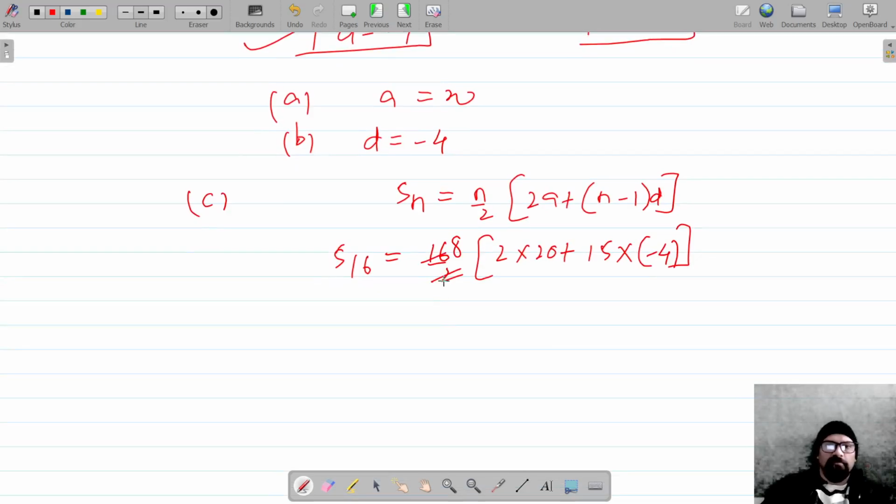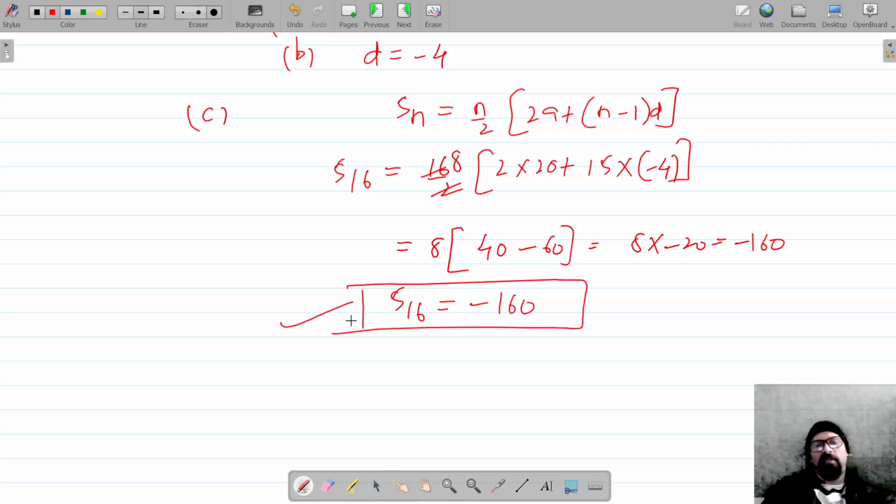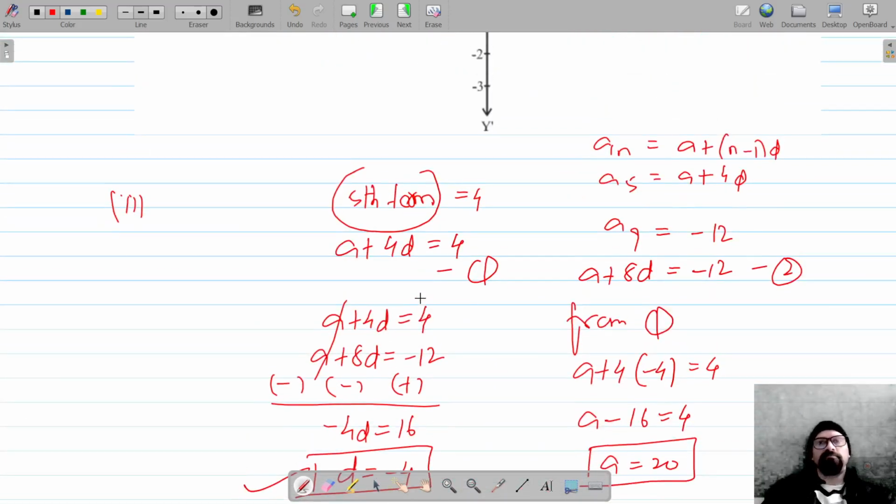So 8, 2 into 20 is 40, minus 60, which gives me 8 into negative 20, which is equal to negative 160. So the sum of 16 terms is negative 160.